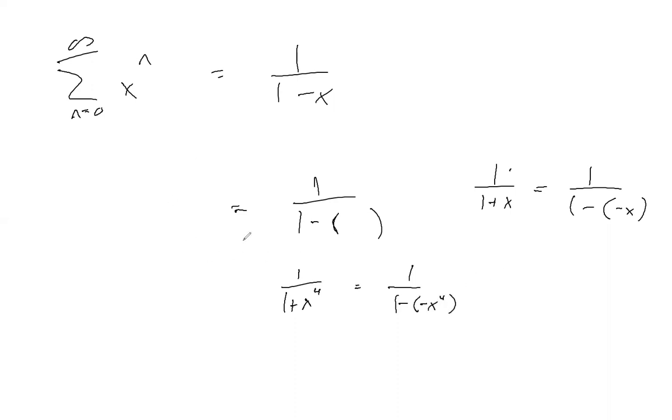And then I'm going to write up the power series, and I'm going to replace my x with whatever's in parentheses, negative x to the 4th to the power n, and I could split that up. I got (-1)^n x^(4n). So I could write it like this. And again, these are the same thing.